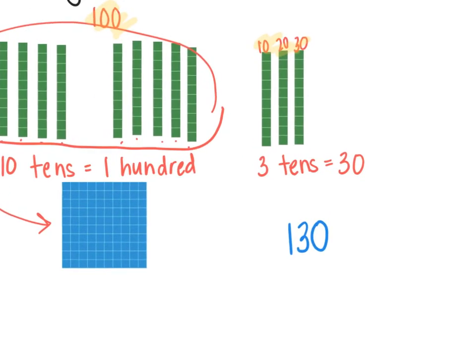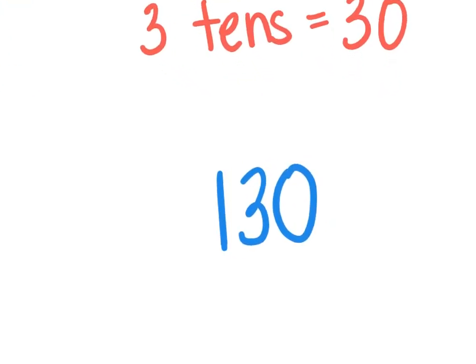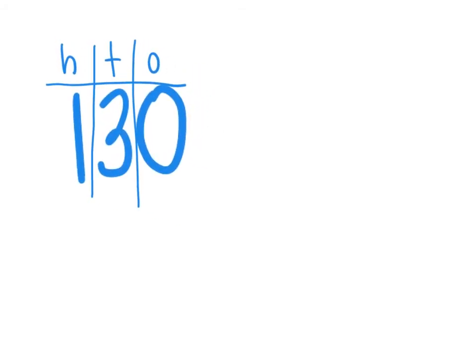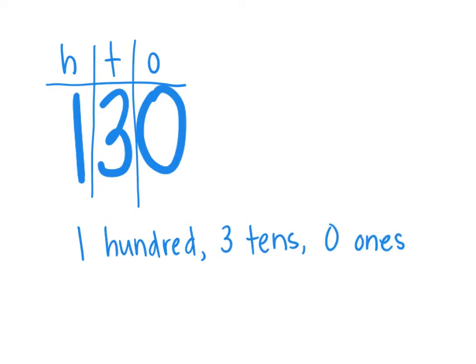Now we also learned that we can draw our place value chart, label it hundreds, tens, and ones to help us organize our thoughts. And now we can see that we have 100, 3 tens, and 0 ones.